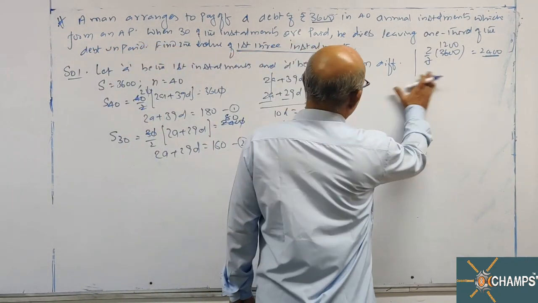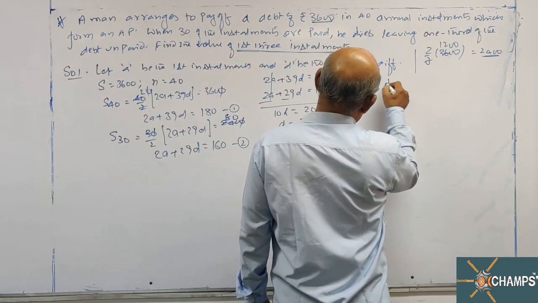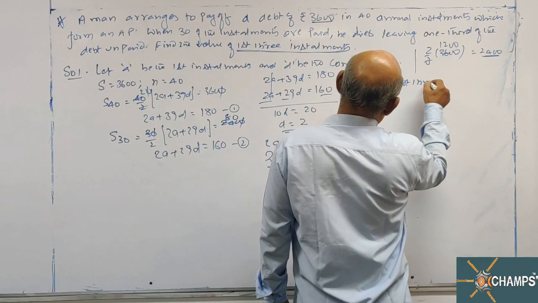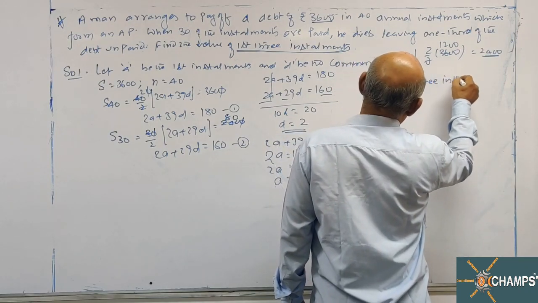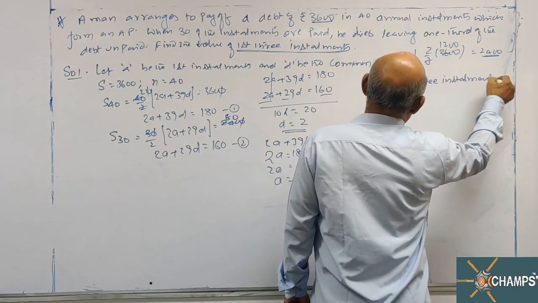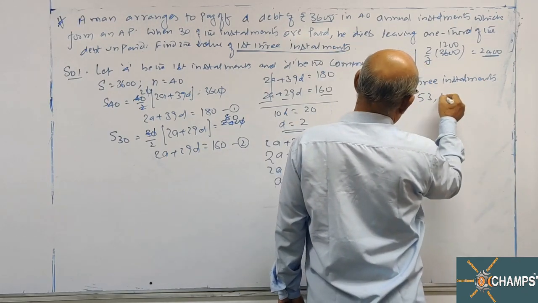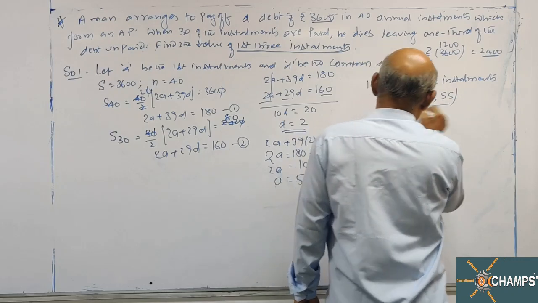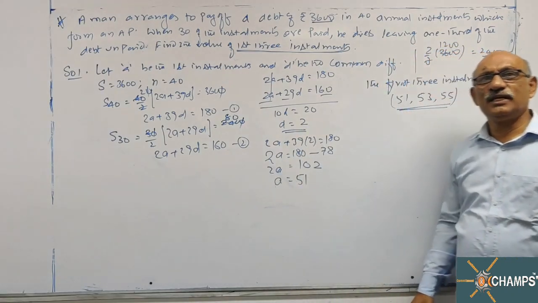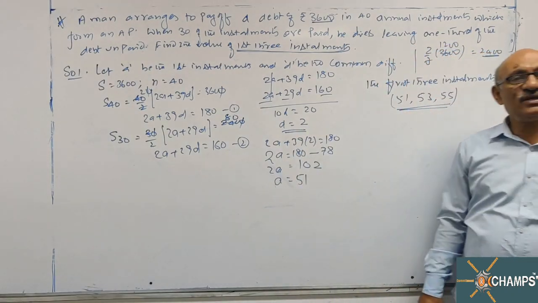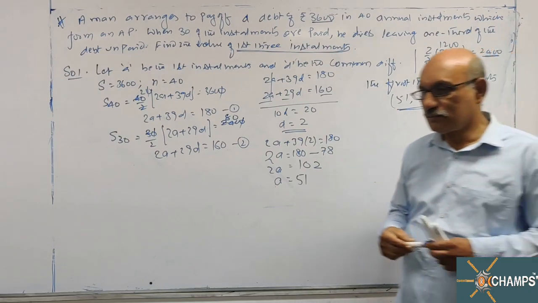So the first three installments are 50, 51 to this add common difference, 53, 55. So this is available as an option, which we have to identify.